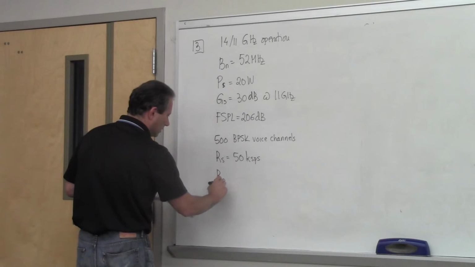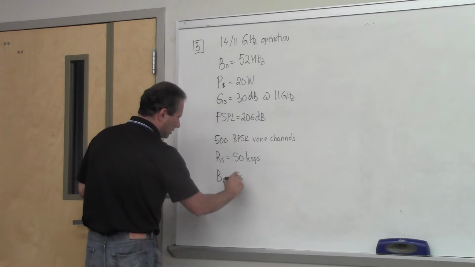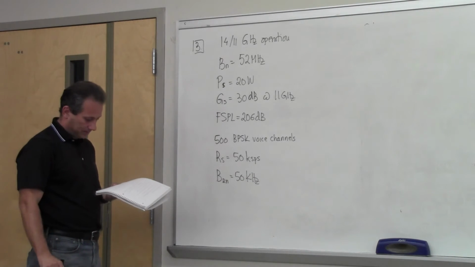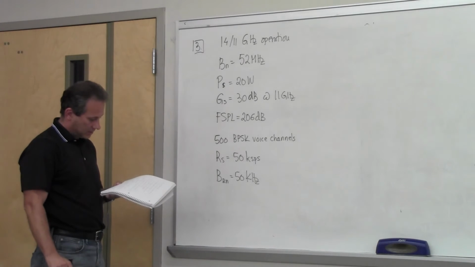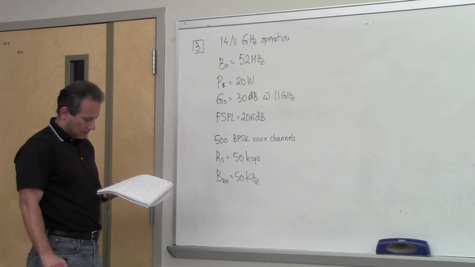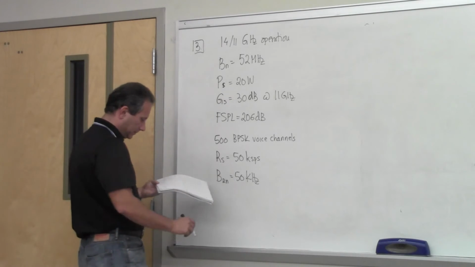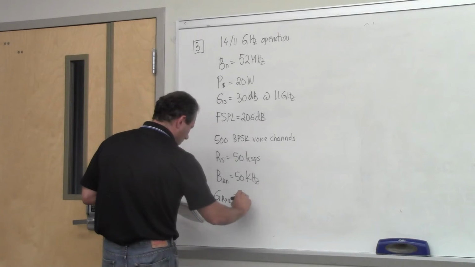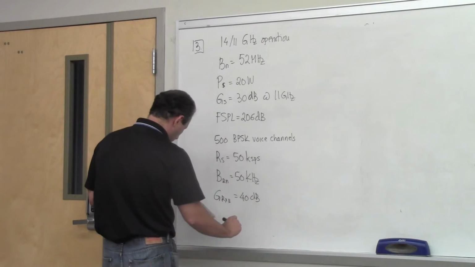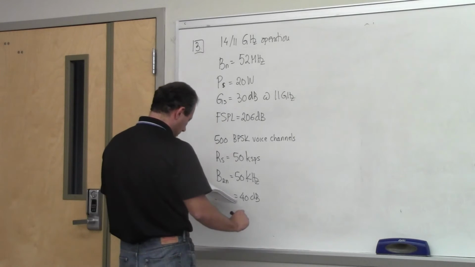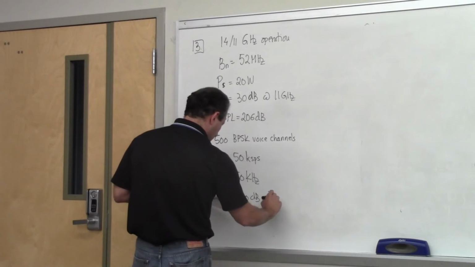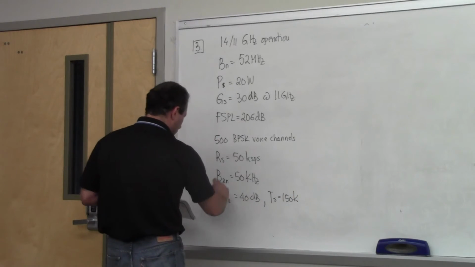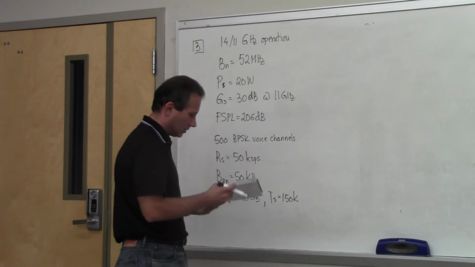So our noise bandwidth is 50 kilohertz to receive the voice signal. The earth station uses antenna gains. So the gain of the receiving earth station is 40 dB, 1 meter in diameter, and the receiver has a system noise temperature of 150 K in clear air. The IF bandwidth, so the noise bandwidth, is 50 kilohertz.